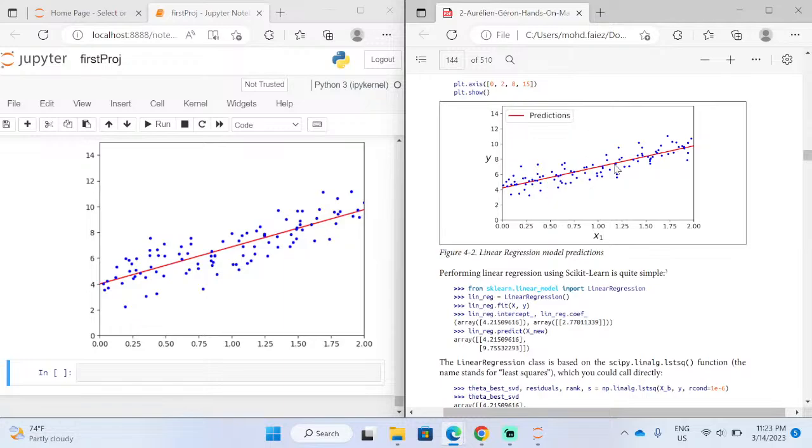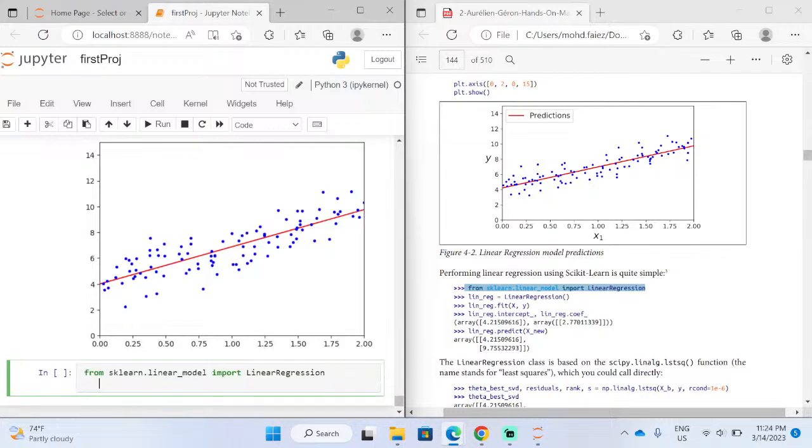We will implement linear regression. It is a sklearn library from where we will import LinearRegression. Then linear_reg equals LinearRegression, so it takes all the functionality of linear regression in linear_reg.